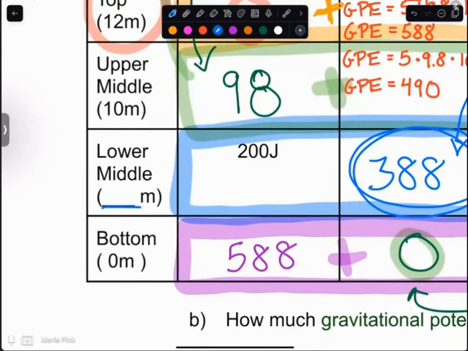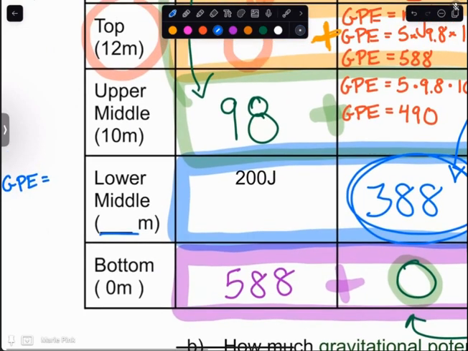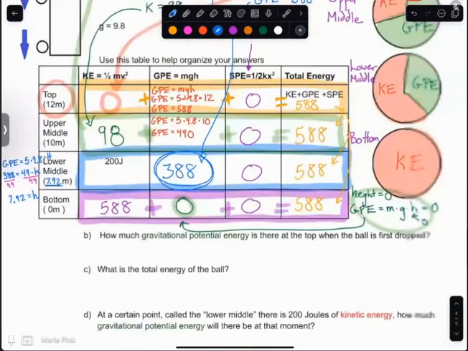GPE is equal to my mass, 5, times 9.8 times the height. And my GPE was 388. So 388 is equal to 5 times 9.8, which is 49, times height. 388 divided by 49, and I get 7.92 is my height.